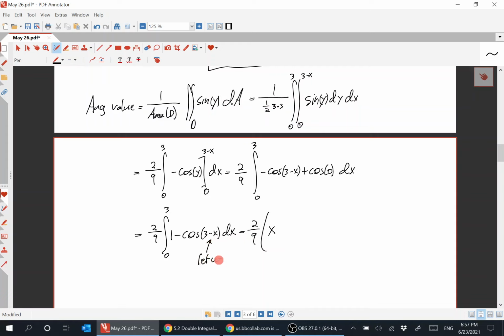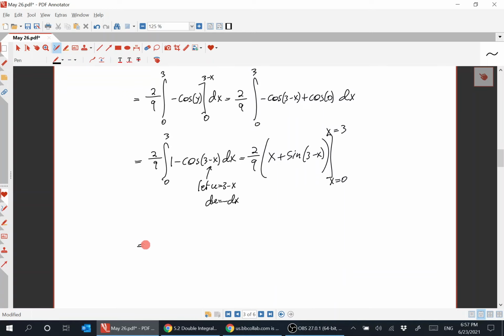Let u equal 3 minus x, and then du is the negative of dx. But we can skip that substitution. The antiderivative of cosine is sine, but then you've got this negative to deal with, so it's going to be negative sine. So plus sine 3 minus x from x equals 0 to x equals 3.